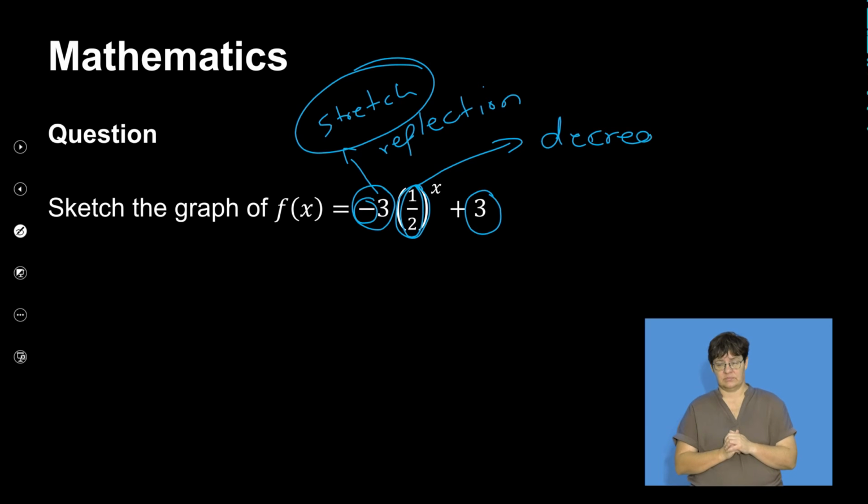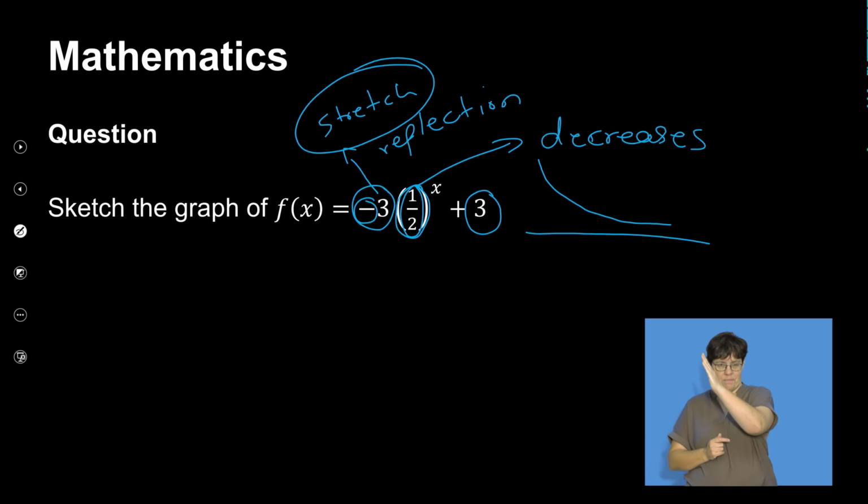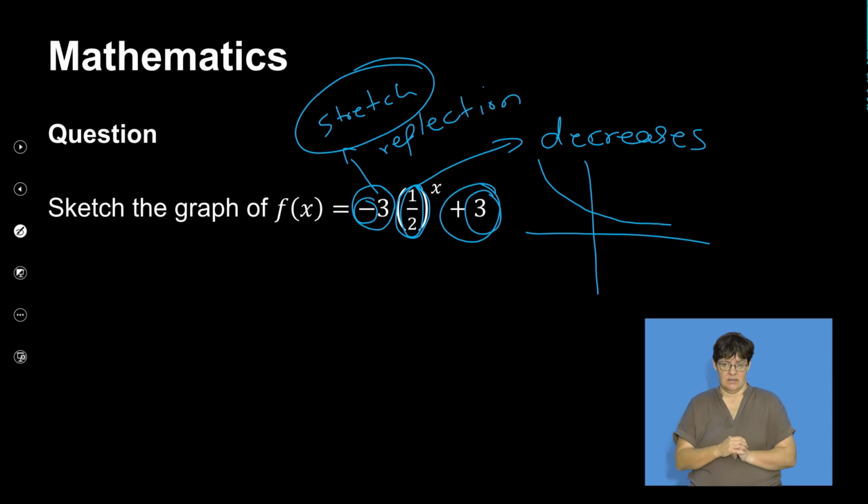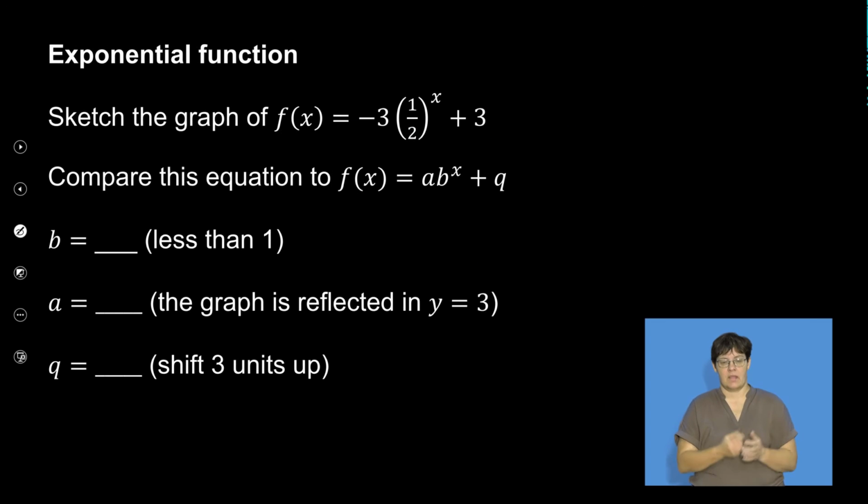Remember, I just showed you now, that this will mean the graph is going down from left to right, right? So it will look something of that nature. And then plus 3 tells us that the graph cannot cross the line y is equal to 3. So the value of b rather, remember, was 1 over 2. So this means it is less than 1, right?